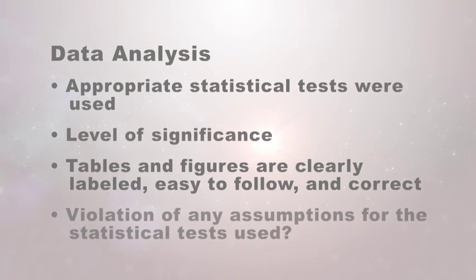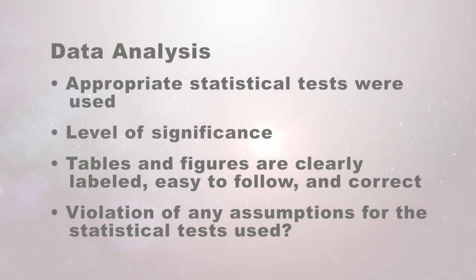You want to be sure that the researcher and author have not violated any of the assumptions for the statistical tests that they used. Finally, the paper should conclude with a discussion section, and here's where I found as an editor that most of the problems arise.